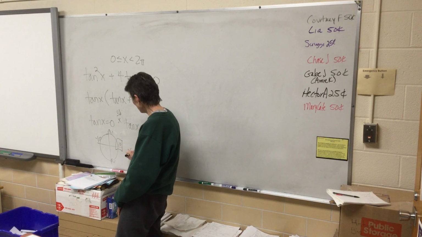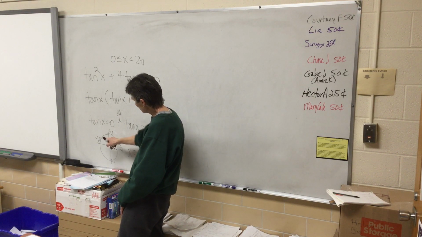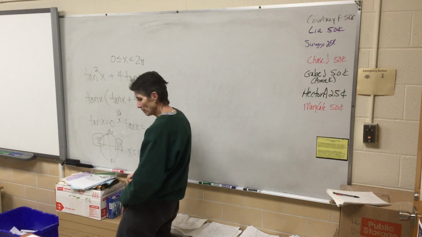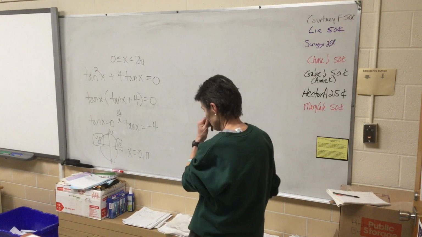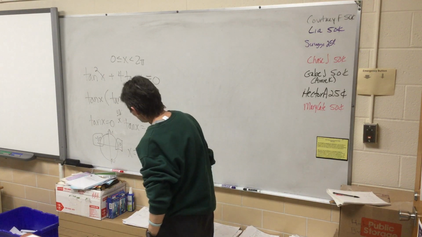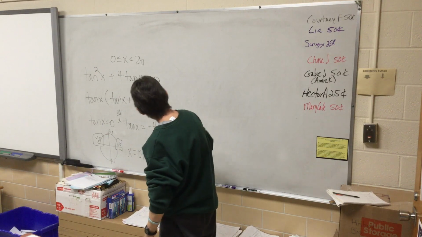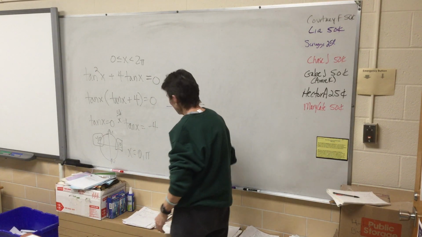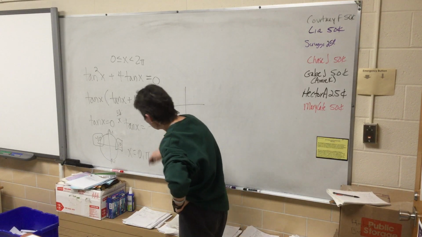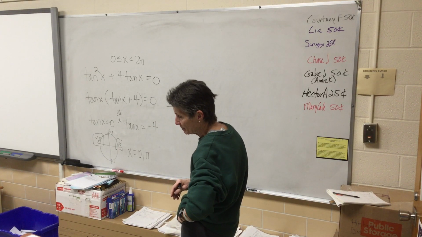So 0 is going to be one answer. What's going to be another answer? Isn't pi going to be an answer? Okay. Now, where is the tangent negative? I need the tangent to be a negative number. Where does that happen?